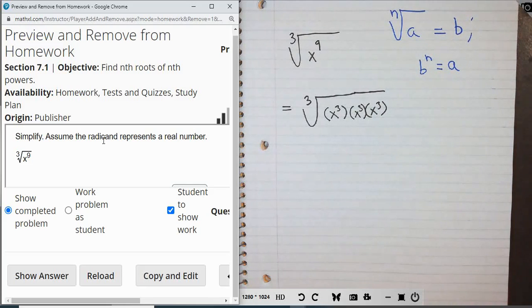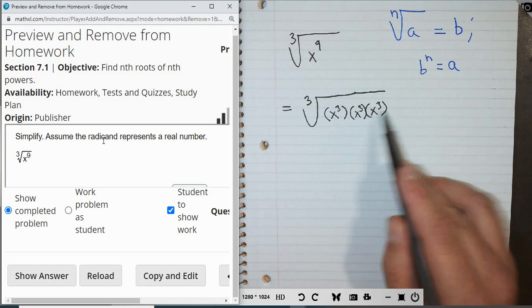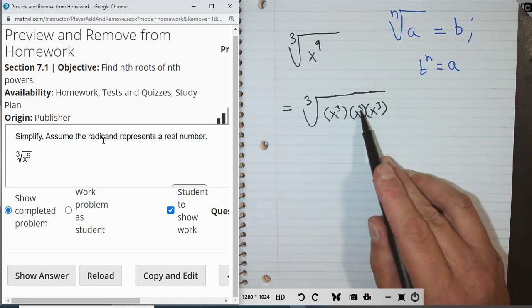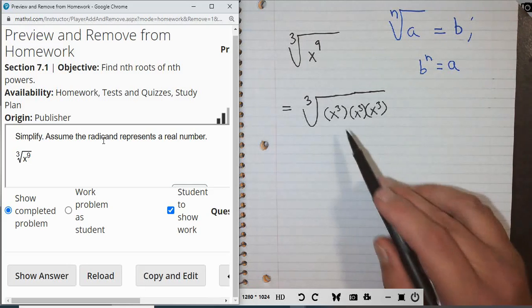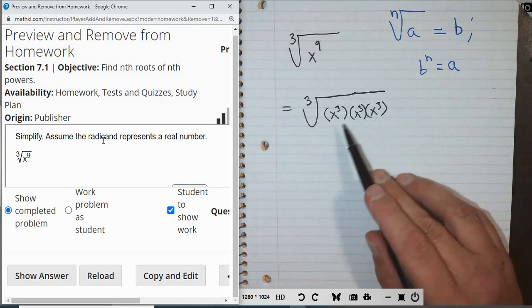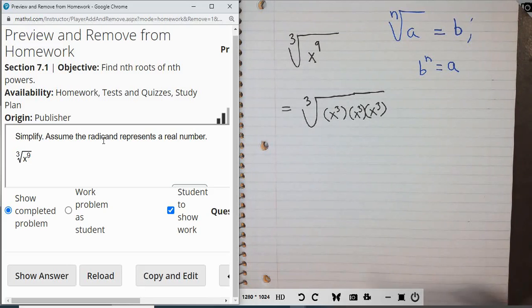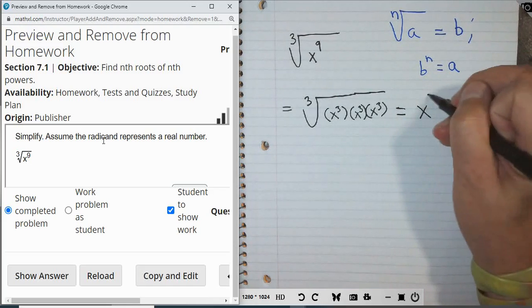Thinking about the product rule, we keep our base x and add our exponents: 3 plus 3 plus 3 is 9. I hope you're starting to see where I'm going with this. We have the number multiplied by itself this many times, and that is that number. So our result would be x to the 3rd.